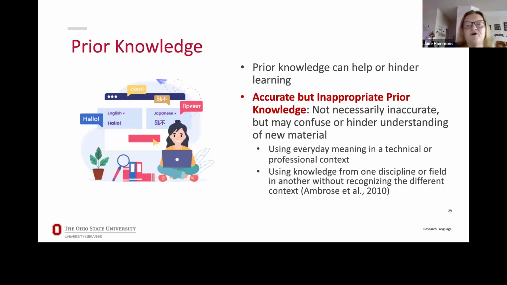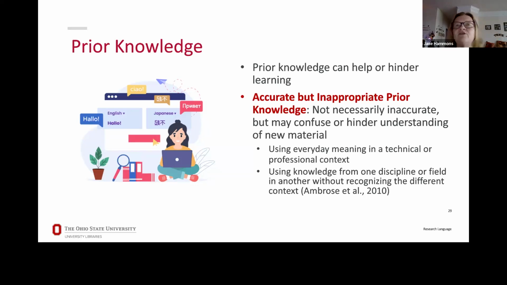If folks are familiar with the book How Learning Works by Susan Ambrose, this is the older version. There's a newer version that has a different group of authors. But from the 2010 version from Susan Ambrose, they talk a lot about prior knowledge, and the way that prior knowledge can help or hinder students' learning. One type of prior knowledge that students might have, they refer to as accurate but inappropriate prior knowledge.